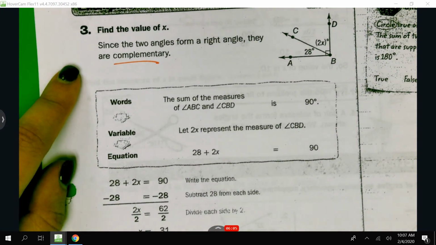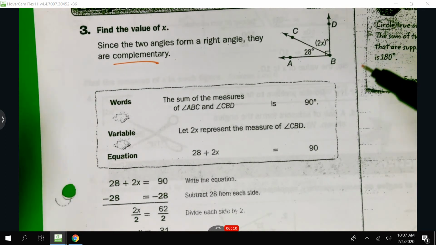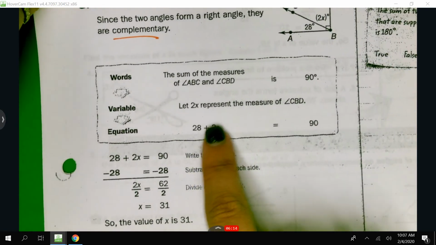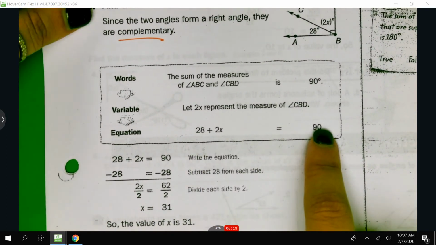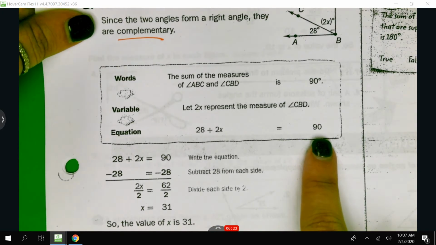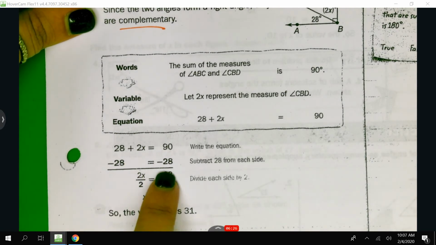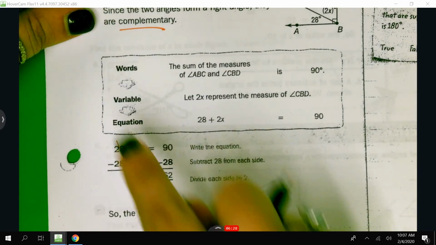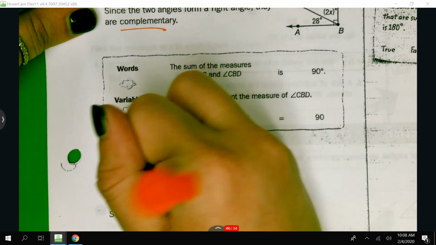So I know that 2x plus 28 has to equal 90 degrees. So you can write an equation. So 28 plus 2x equals 90, and then we can use all that information we know about solving equations to solve for x. So in this case, they subtracted 28 from both sides, which left them with 2x equals 62, and then dividing both sides by 2, so x equals 31.